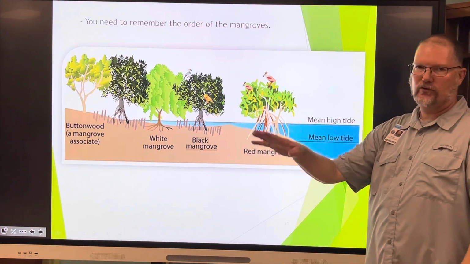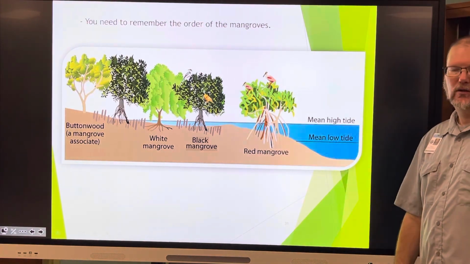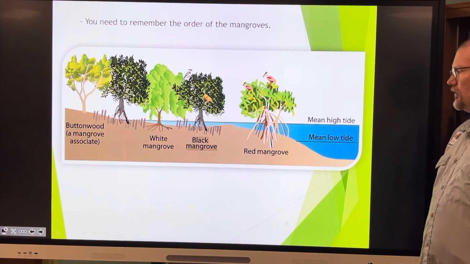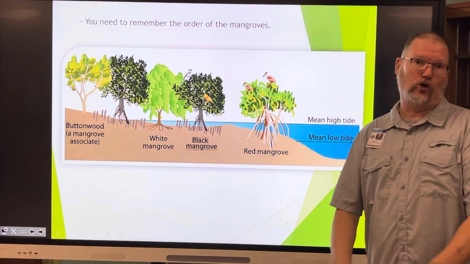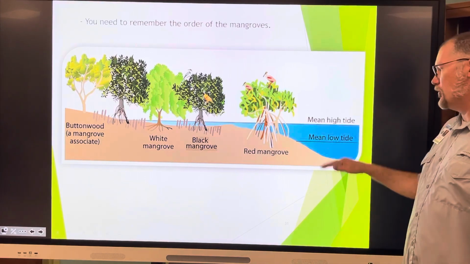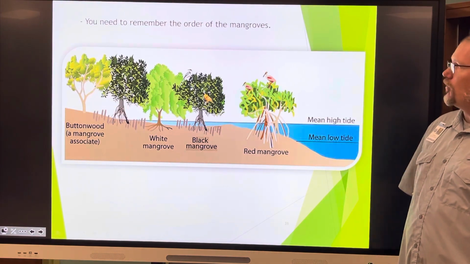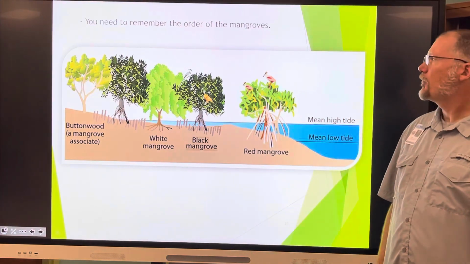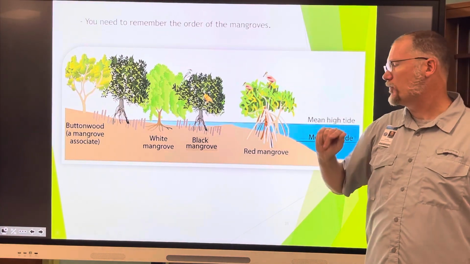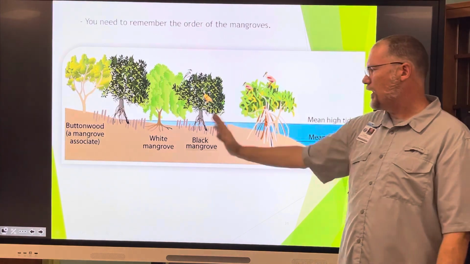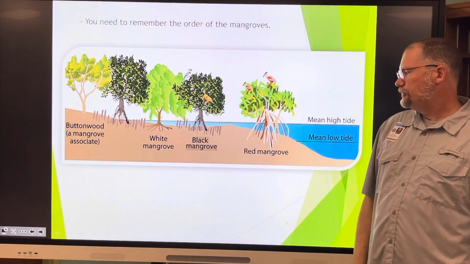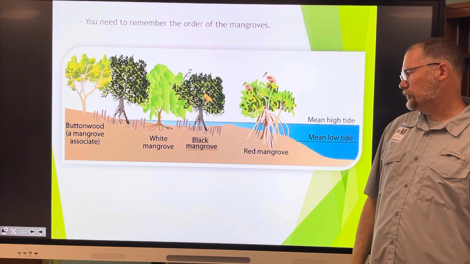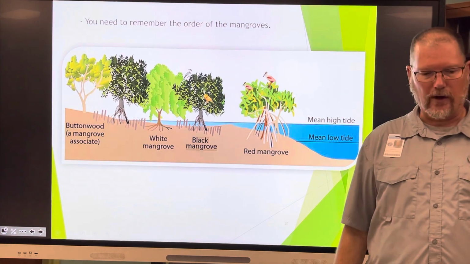Black mangroves, usually every tide a little bit, and then the red mangroves are pretty much always in the water, unless you had some severe event where they all drained all the way down. Spring tide, once a month, maybe, okay? And you have to know the order of them. So you figure out red, black, white, how that's going to work for you, okay? All right, and that's it.